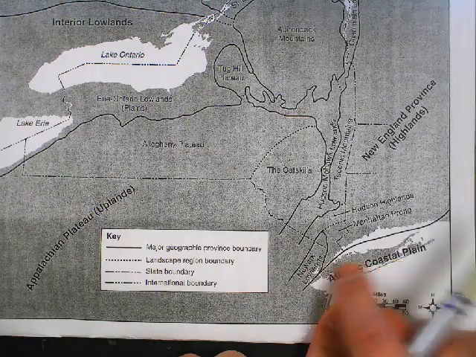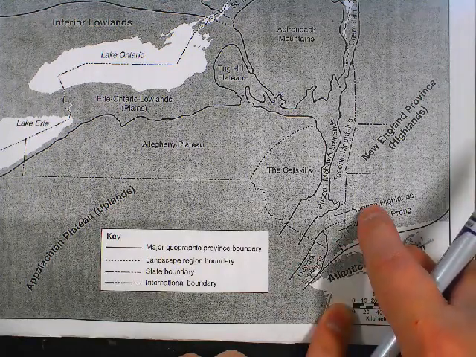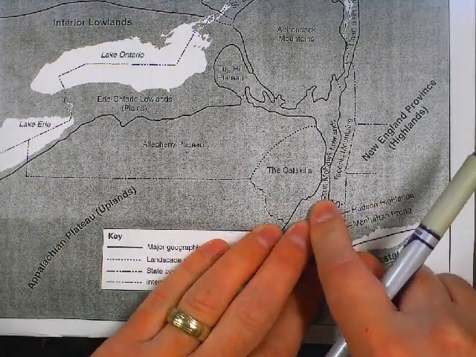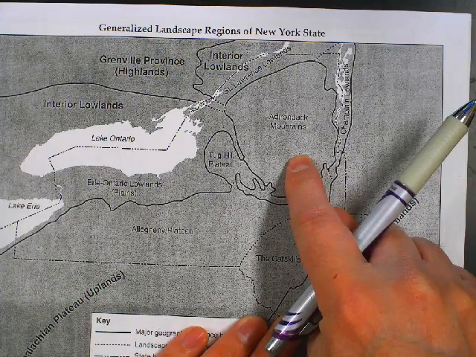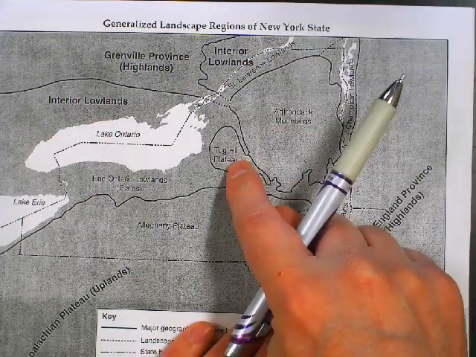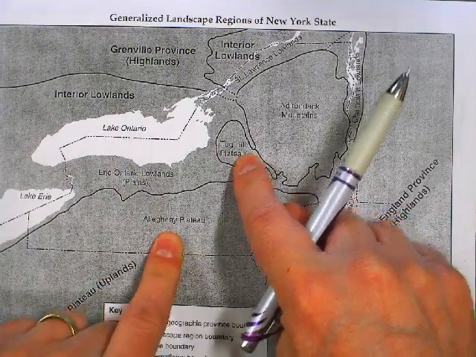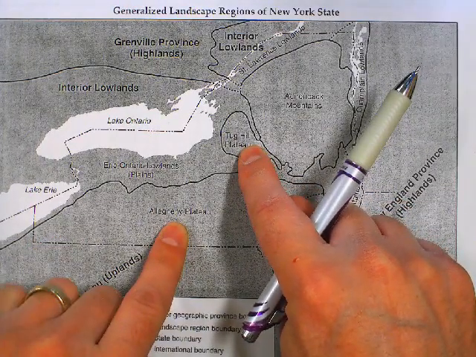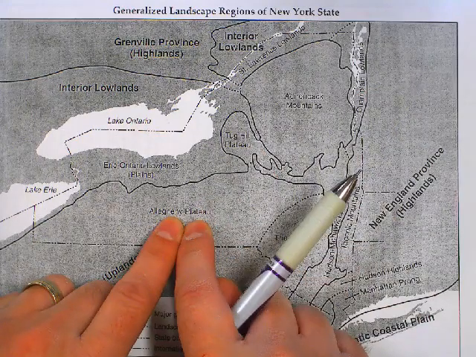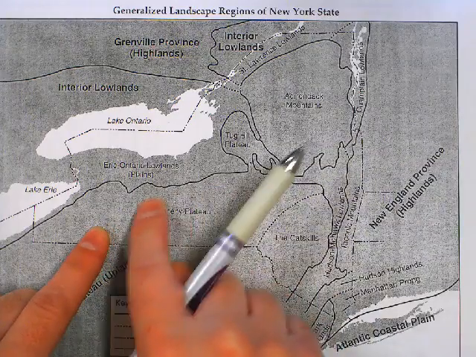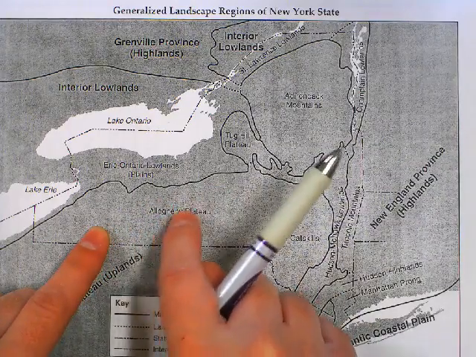Okay, so each of these landscape regions are there because the rocks underneath them make them. The Adirondack Mountains is a landscape region because this is made of really hard rocks. The Tug Hill Plateau and the Allegheny Plateau are there. We studied a little bit Niagara Falls. There's this plateau, makes an escarpment, might ring a bell, but these plateaus are here because there's certain types of rocks that make the plateau.